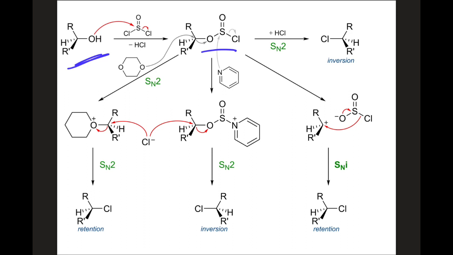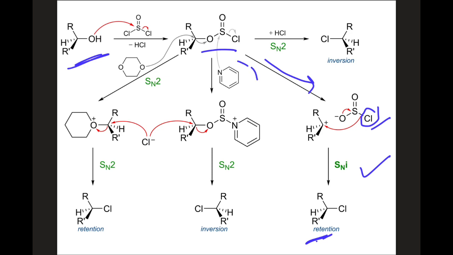If we don't provide anything else, then this path is going to be followed. That is, it is going to eliminate the oxygen coming from the alcohol in this way, and it forms the intimate ion pair where the Cl minus is going to attack this particular carbon having the positive charge. Now this is known as the SNi mechanism, or substitution nucleophilic internal. This leads to retention of the product formation. Very good.